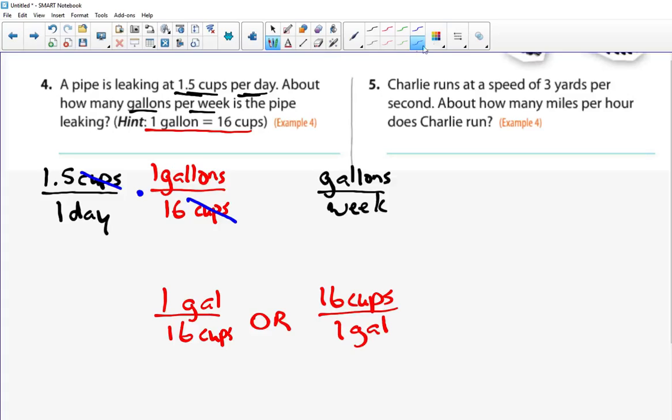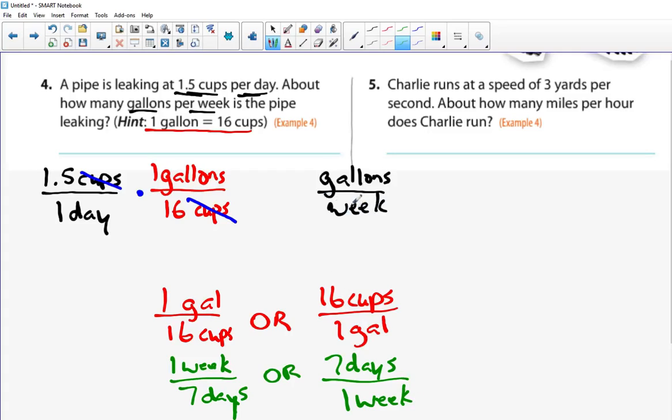Now we have our second rate here, our time. So we want to go from days to weeks. Again, we can either say that 1 week is 7 days, or 7 days is 1 week.